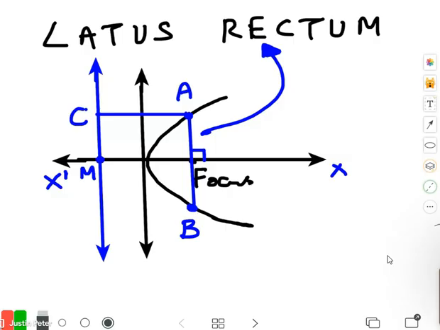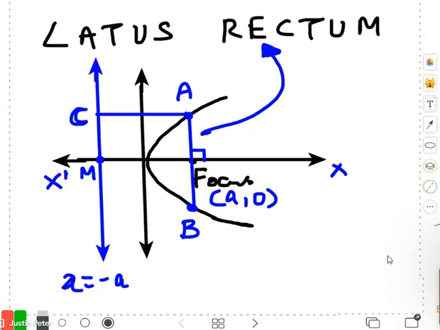Sir, I was talking about the directrix for this parabola. Yes, sir. Directrix is going to be x is equal to negative a, correct? Okay.